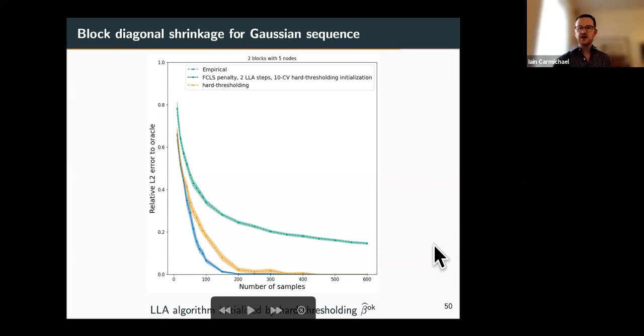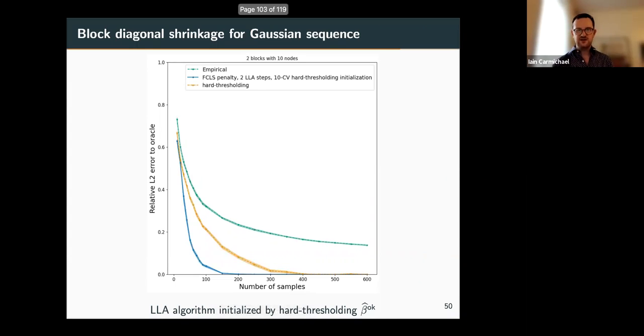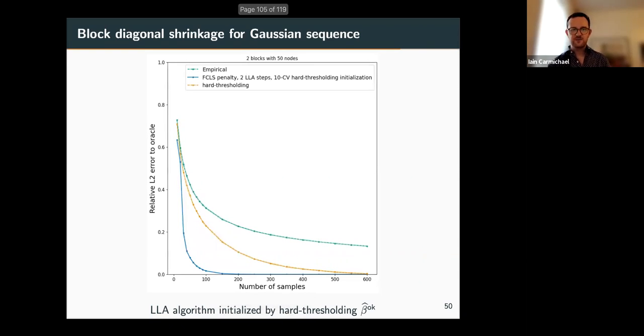Here are the results for the 5-node model, the 10-node graph, the 25-node graph, and the 50-node graph. The takeaway from these simulations, in short, is that the Laplacian penalty does work, and it sometimes works significantly better than just hard thresholding.